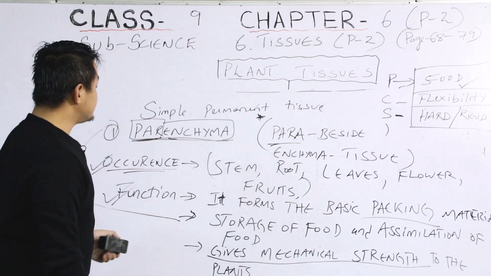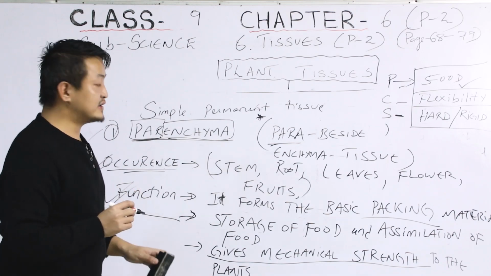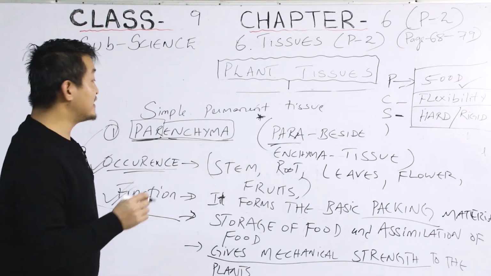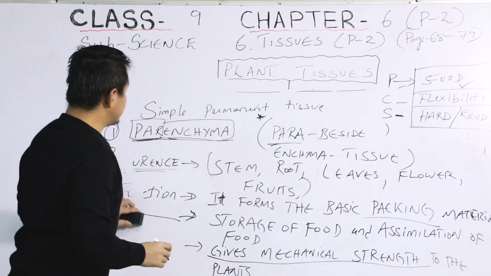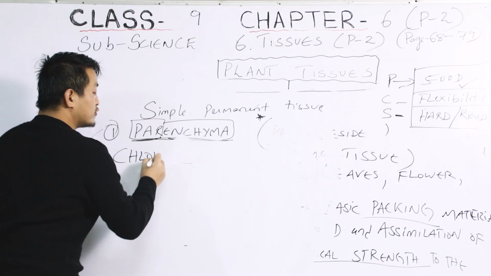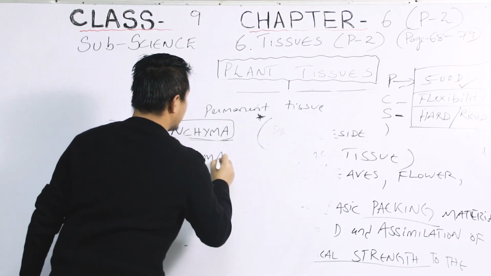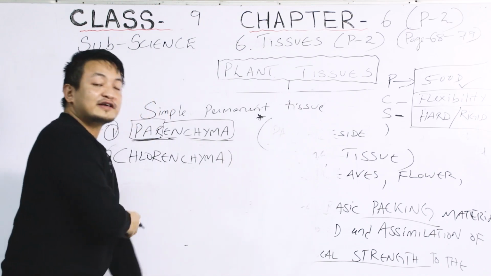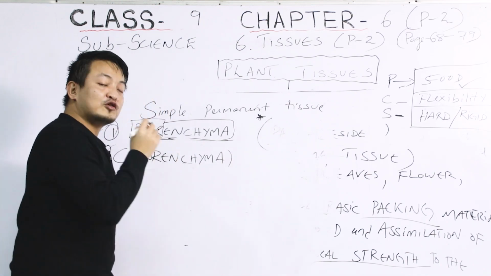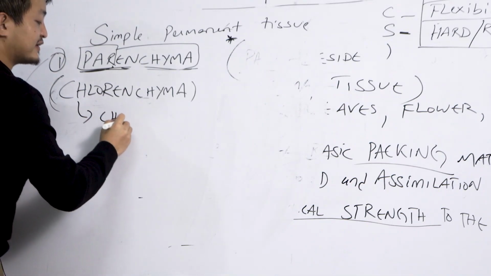Clear? Now, in addition, there is one word under the parenchyma, that is Collenchyma. Now, what is this Collenchyma?